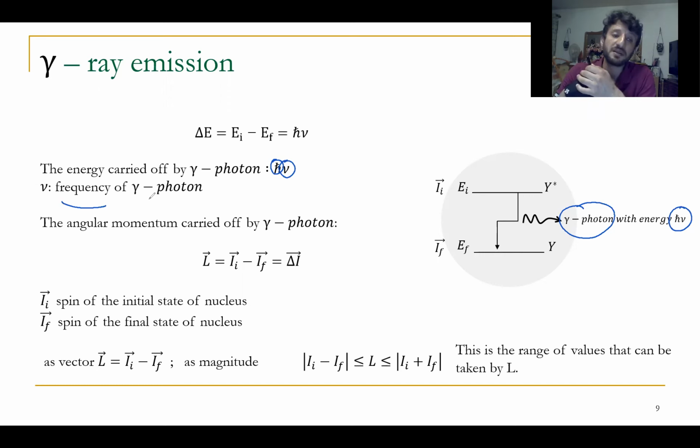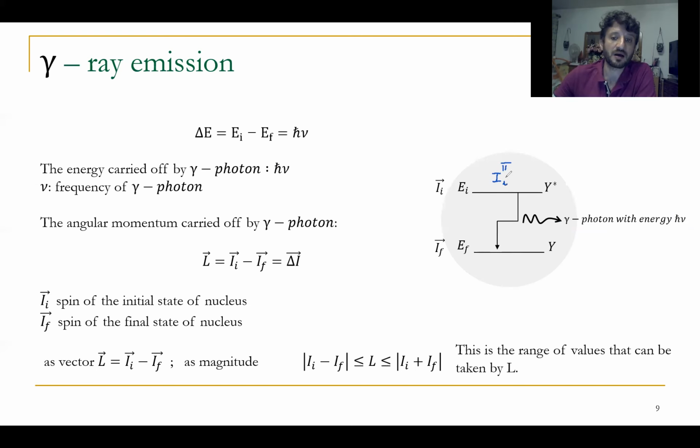Here, let me calculate the angular momentum carried off by the gamma photon. The gamma photon has a quantity of angular momentum L. We can identify the emitted gamma photon by its angular momentum and its parity. Here the upper energy level has a spin I and parity pi.